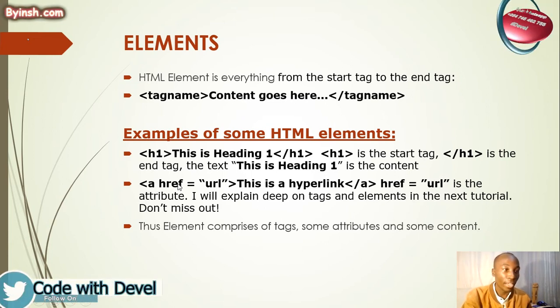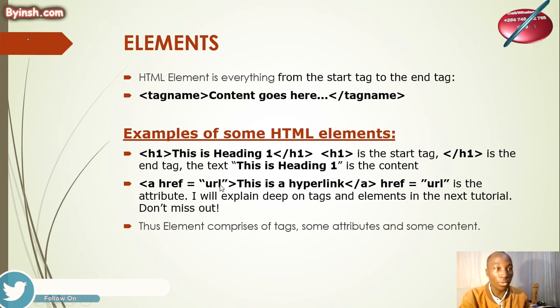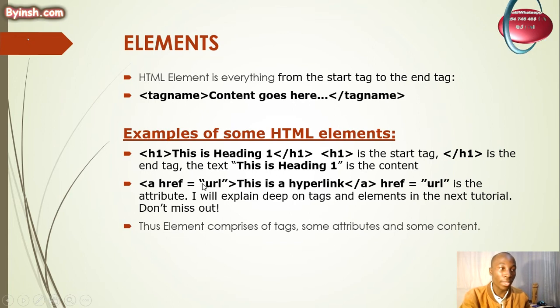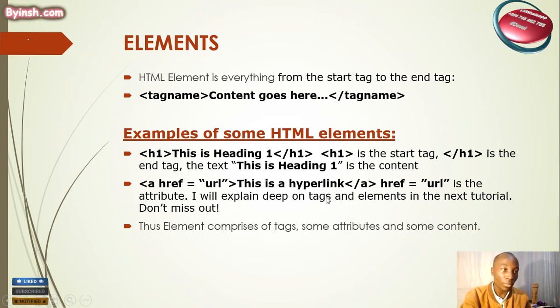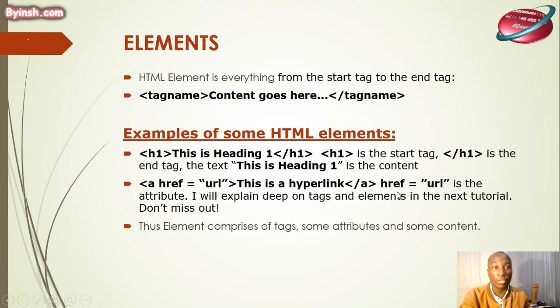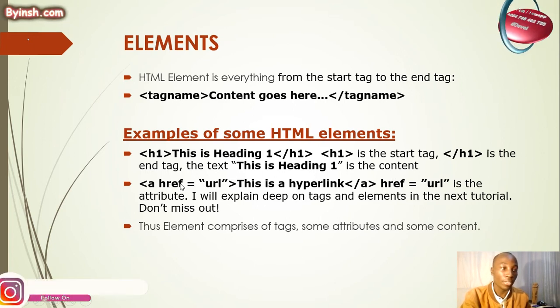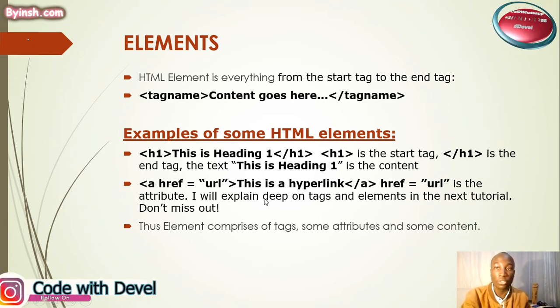Let us give another scenario. There is an a tag, but with href equals URL in double quotation marks. I will also explain this later, but for a faster preview, a means anchor tag. They are tags used to show links, and they must be accompanied by href, which is also called an attribute.